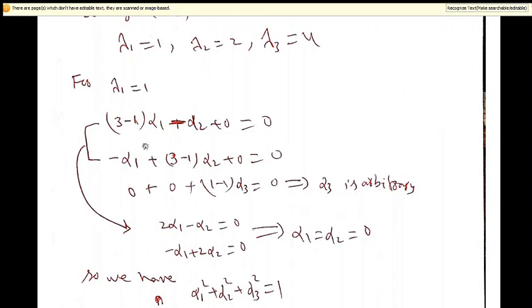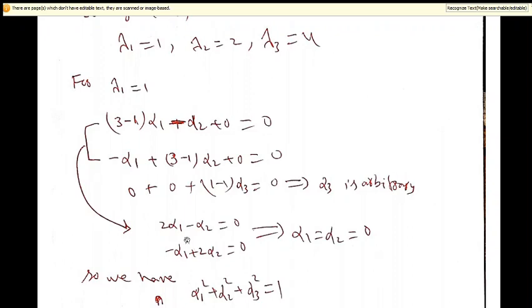Now from these two equations we have 2 alpha 1 minus alpha 2 equals 0, and minus alpha 1 plus 2 alpha 2 equals 0. This is a homogeneous system of two equations, and its determinant, 4 minus 1 equals 3... is not equal to 0.